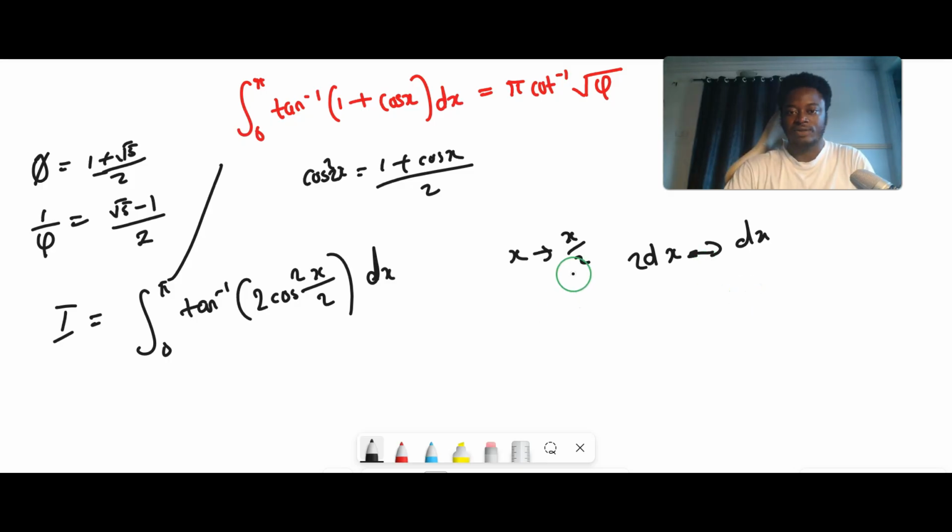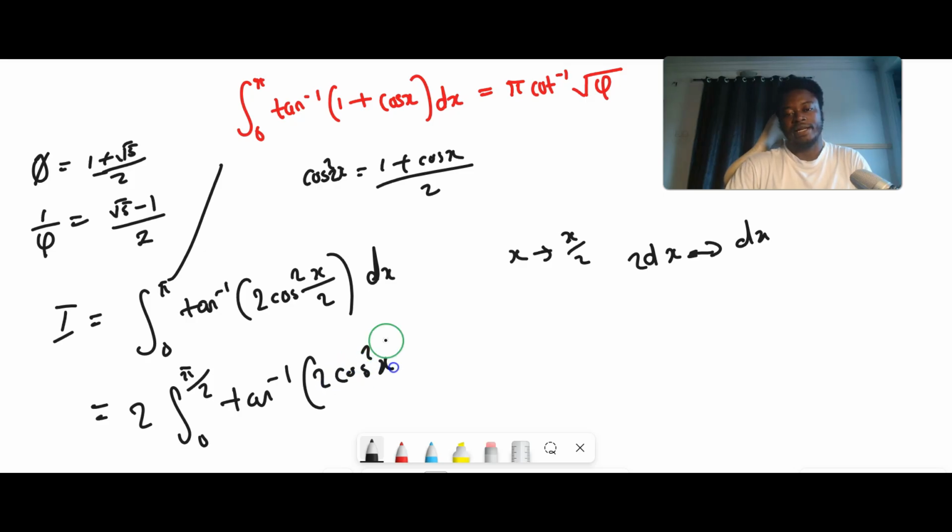Also when x is pi, we get pi over 2. So this is going to be twice the integral from 0 to pi over 2 of the tan inverse of 2 cosine squared x dx.